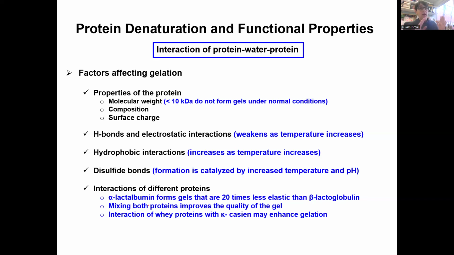And then you have whey protein, beta-lactoglobulin, with a free sulfhydryl group. So when you add it, the beta-lactoglobulin is going to interact with the kappa casein and also enhance the gel matrix formation, increasing protein-protein interactions.